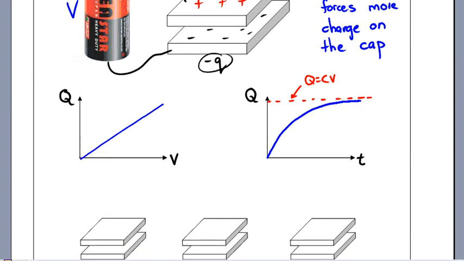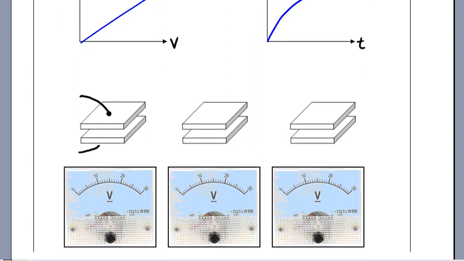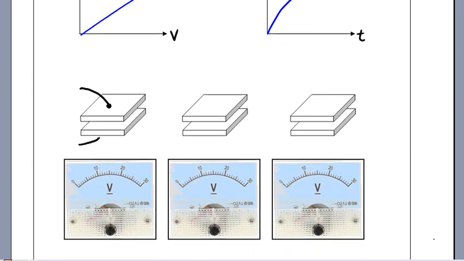Pictorially, if we wanted to kind of draw that, it would look like this. You've got this capacitor, right? It's a couple of parking lots for the charge. So the wire's connected. At the beginning, there's no charge there at all. And if you were to take a voltmeter and connect that voltmeter to those capacitor plates, pretty common thing to do, right? So you run some wires like that.